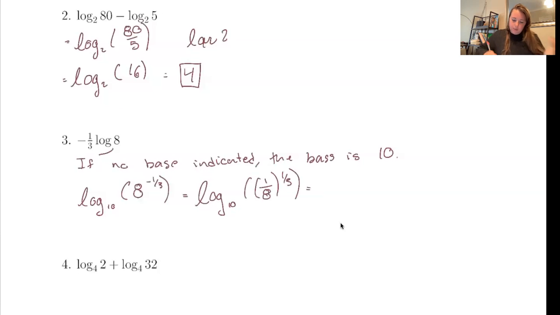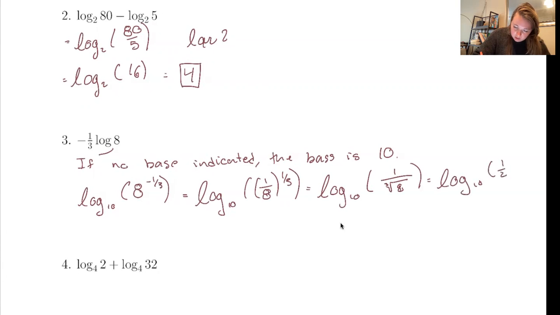And then I can apply the exponent to each of the numerator and denominator. So 1 to any root is just 1, and then it's the cube root of 8, which we know is just 2. So we'll have log base 10 of 1/2.